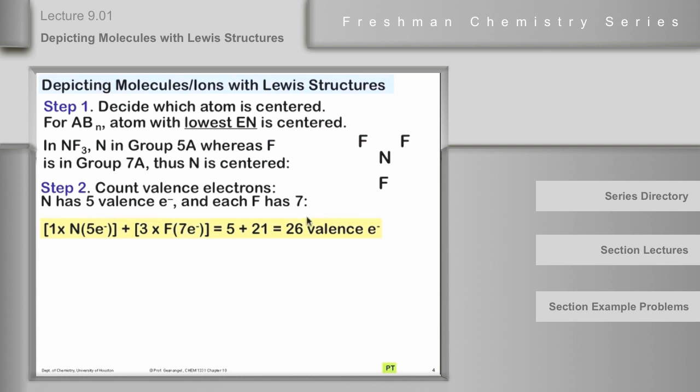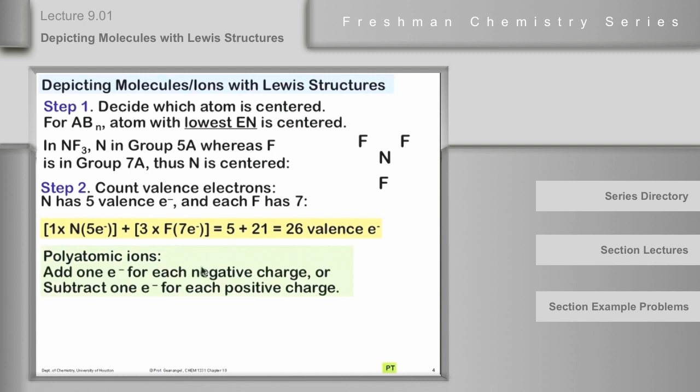And so we take these 26 electrons and we start off very simply by drawing single bonds from the nitrogen to each one of the fluorines. Now, in case this had been a polyatomic cation or anion, we would have made an adjustment in the total valence electrons for the charge. And I forgot to mention it here.